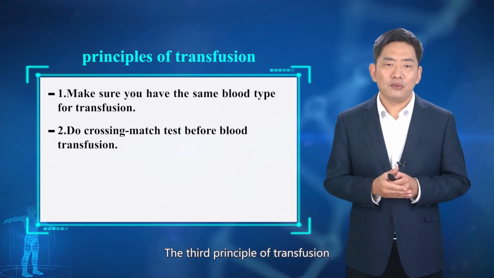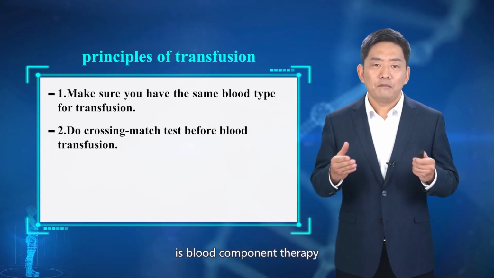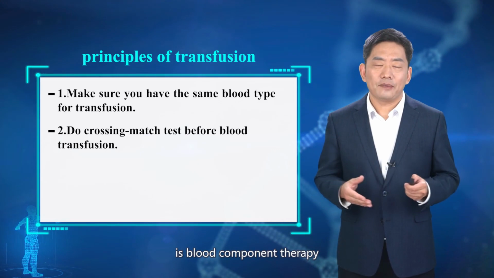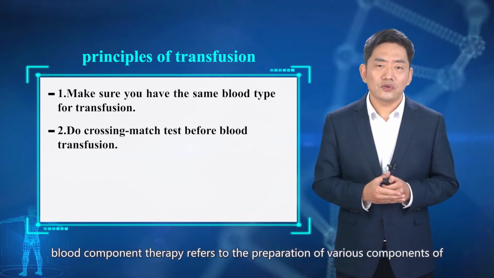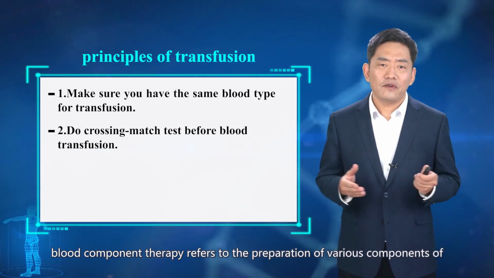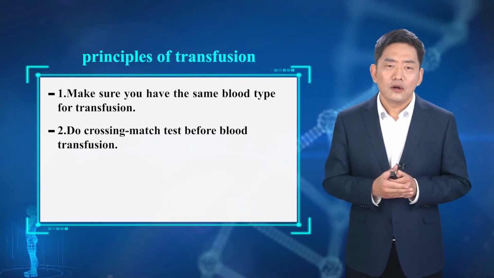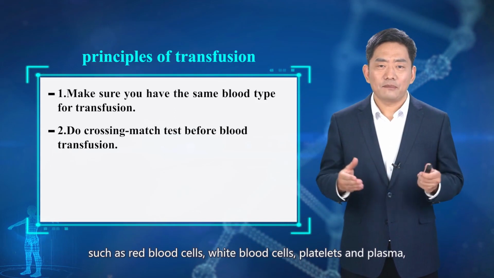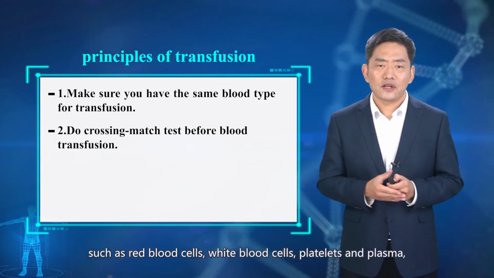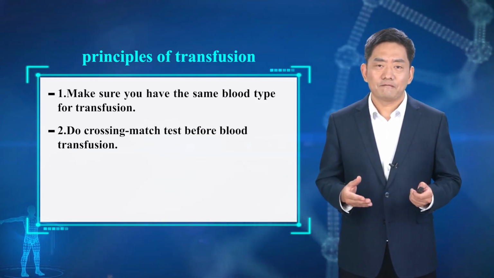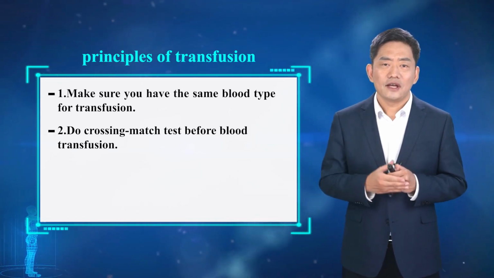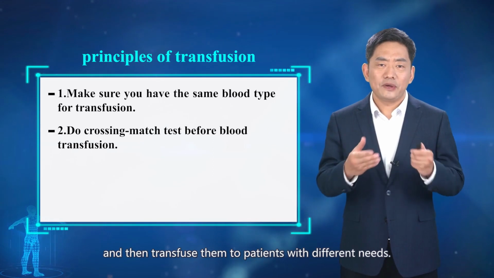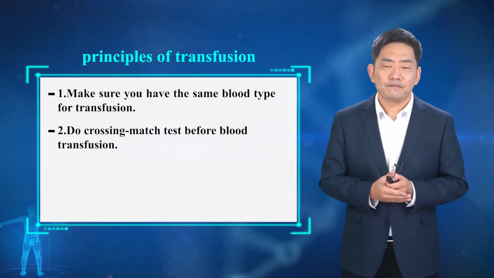The third principle of transfusion is blood component therapy. Blood component therapy refers to preparing the various components of human blood, such as red blood cells, white blood cells, platelets, and plasma, into highly purified products respectively, and then transfusing them to patients with different needs.